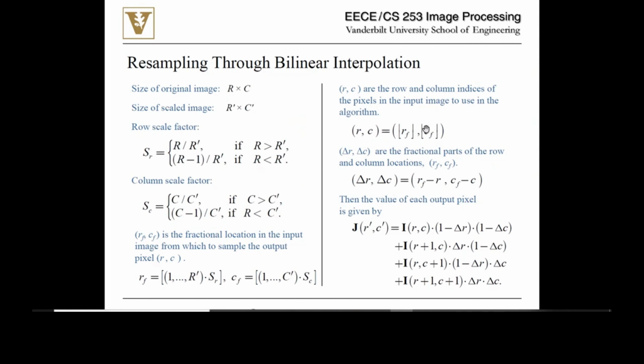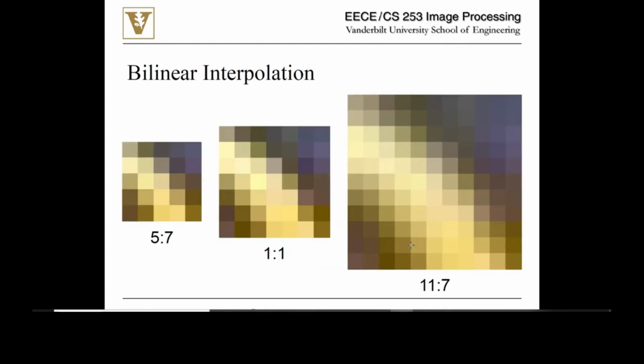So this is the integer part of that coordinate. This is the fractional part of that coordinate, and then you apply these weights. So it is a summary of what we have seen. Yeah, and here you have, for instance, the original image, and this is the result if you make a reduction. This is the result if you make an enlargement.